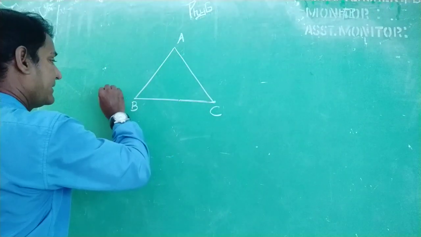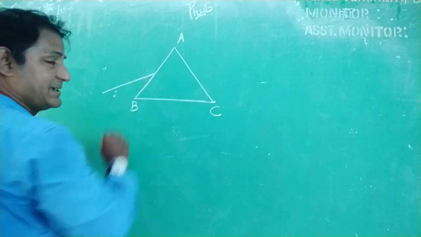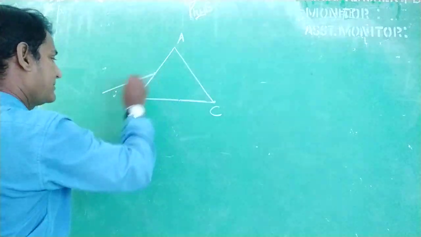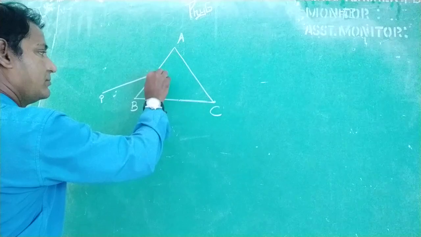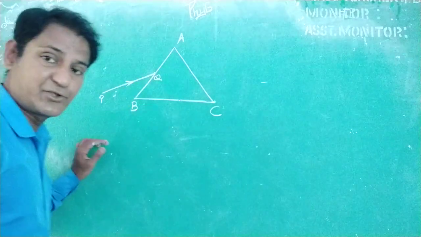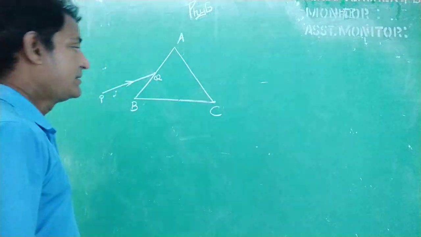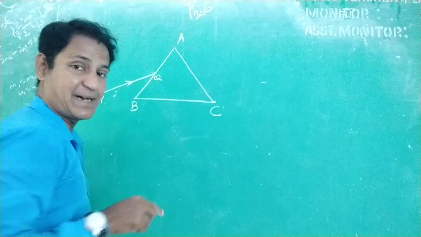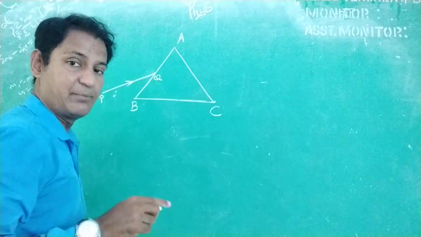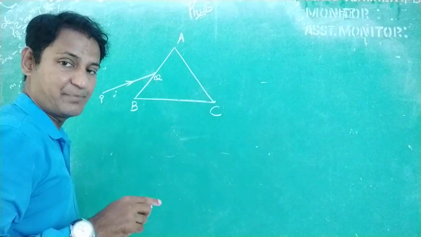Now a light is said to be incident at a point Q, and this ray is called the incident ray. After passing through the prism, it will be deviated from its straight path.